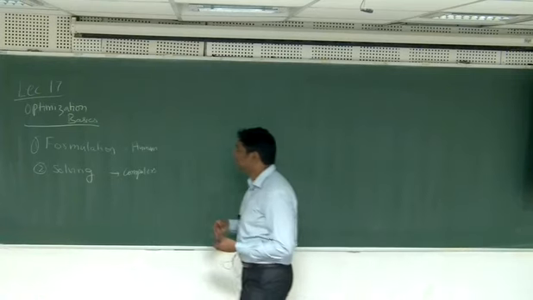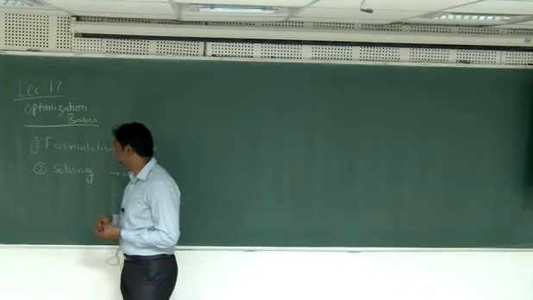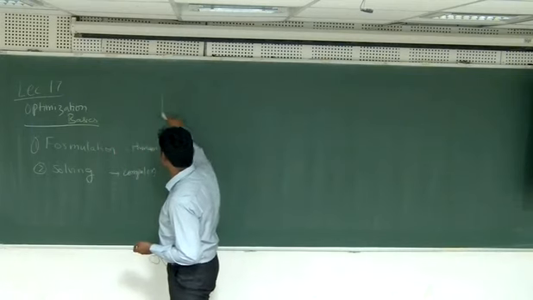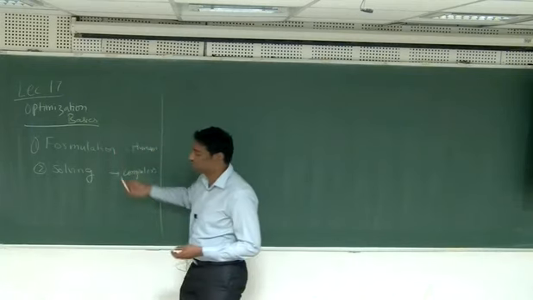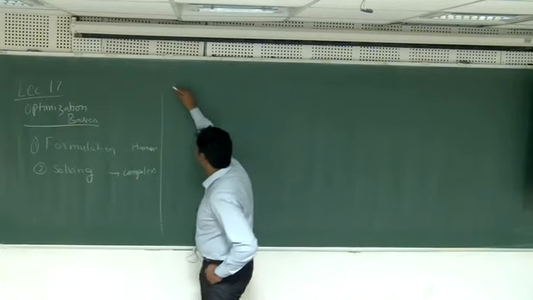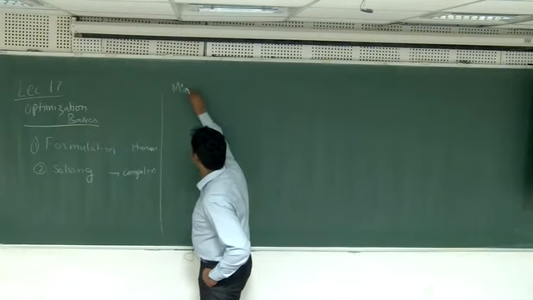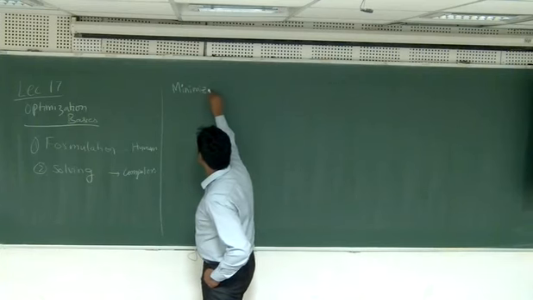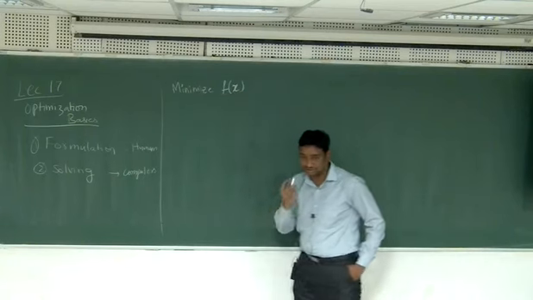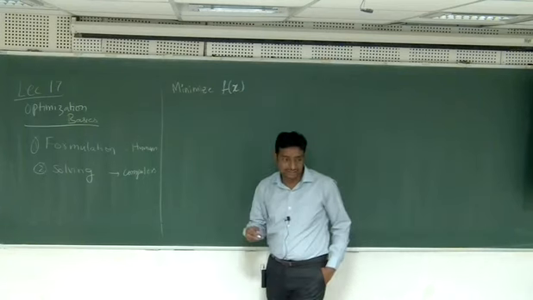In optimization, I'll give you the general form of formulating an optimization problem. You will have something like minimize a function f of x. This x is actually a vector; it has x1, x2, x3 like that.